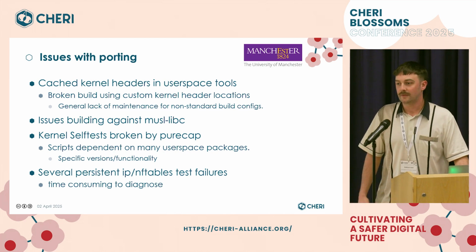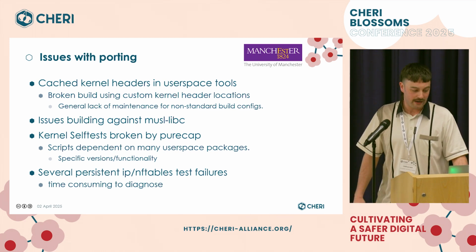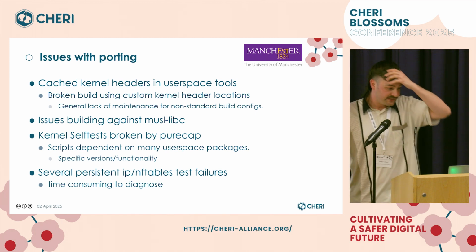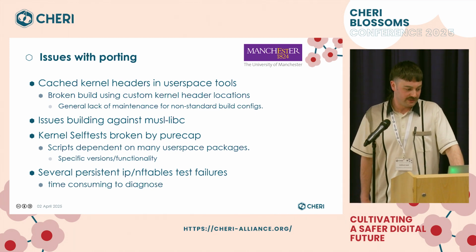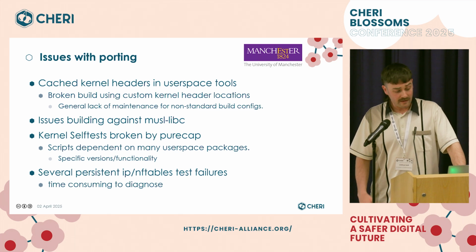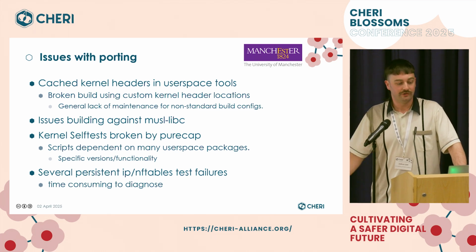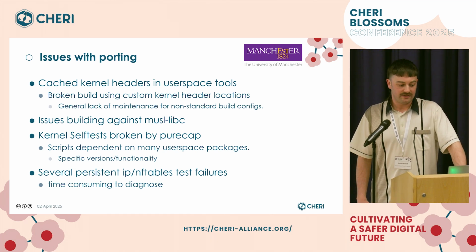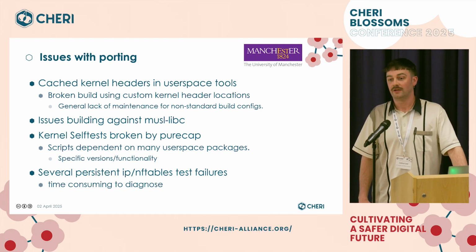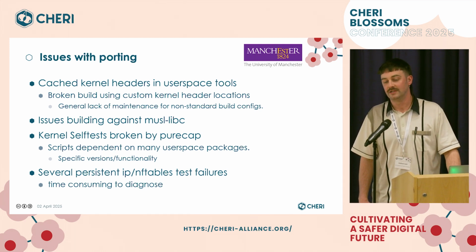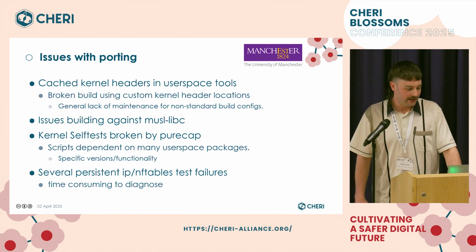This is because of general software rot, I guess, that nobody's testing against really non-standard build configurations. This caused us some headaches. Related to this, there were some issues with musl libc in the way that it deals with headers, with multiple definitions of things in headers.